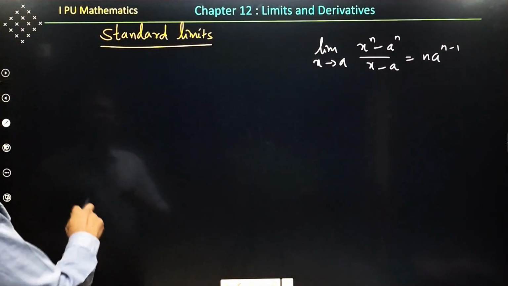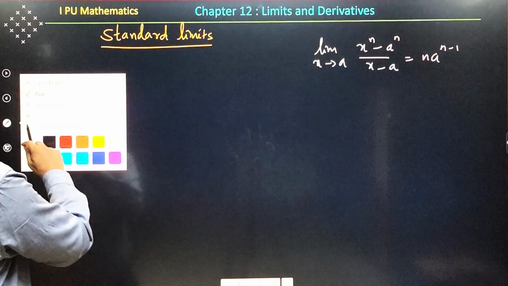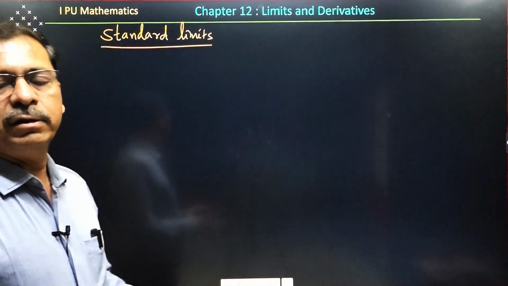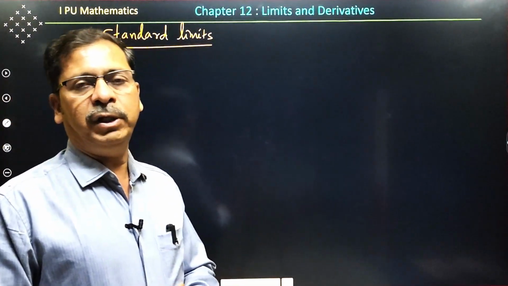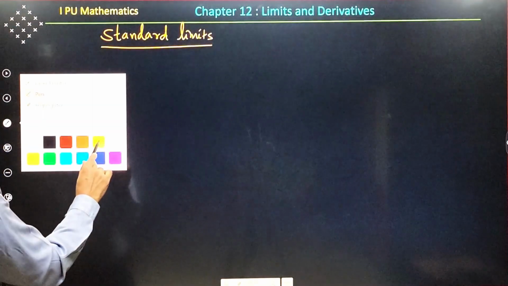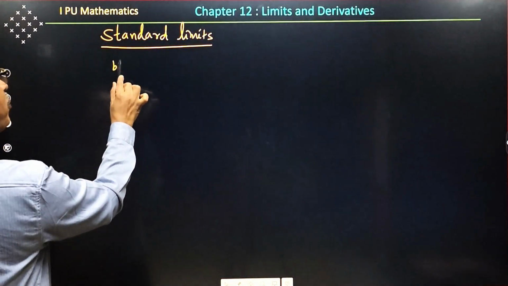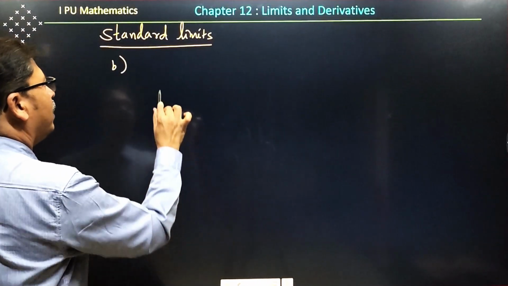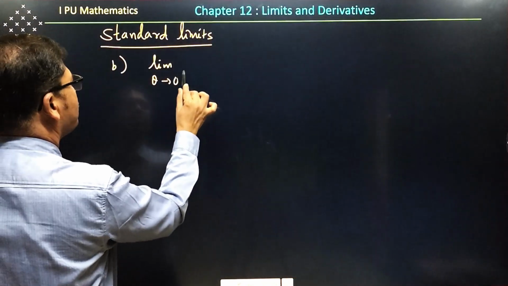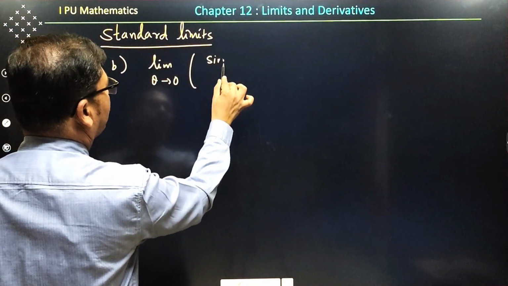Next to this we need to study another important standard limit, a trigonometric limit. See what the statement is. Let me take this one as b, that we have studied as a. Limit theta tends to 0, sin theta upon theta.